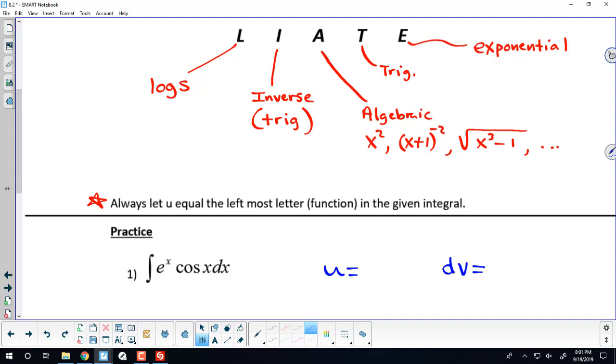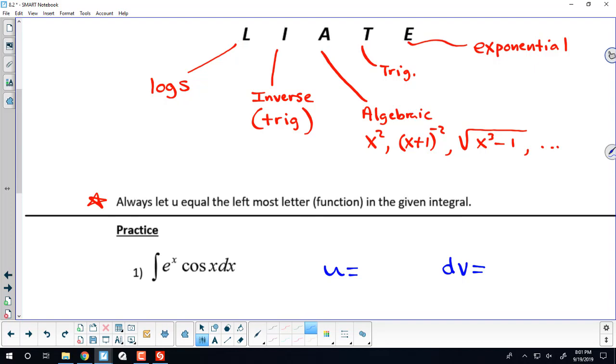So that's always what you start off identifying. And so if we go by this mnemonic, I guess, we should let u equal the leftmost function in that acronym, which would be our trig function. Trig functions come before exponential. Okay.